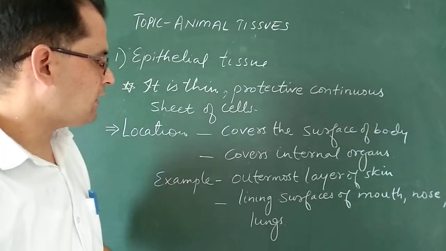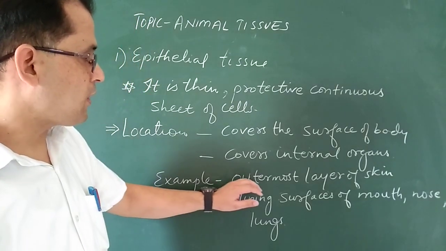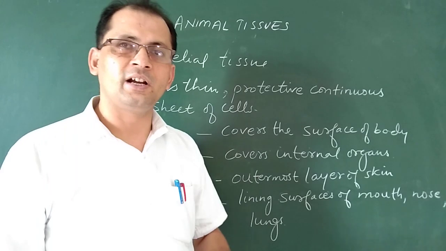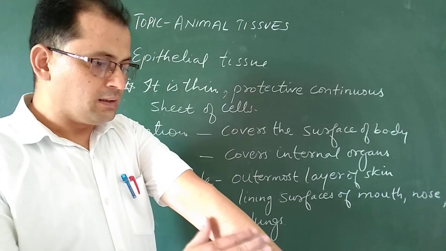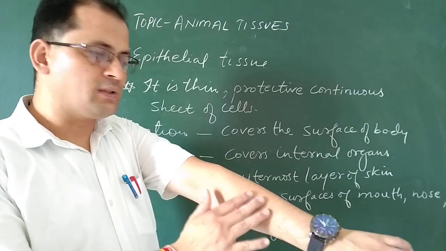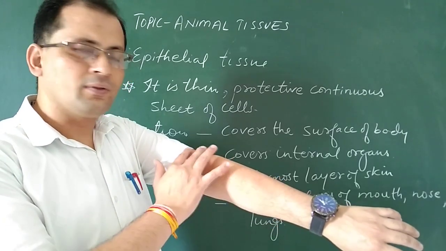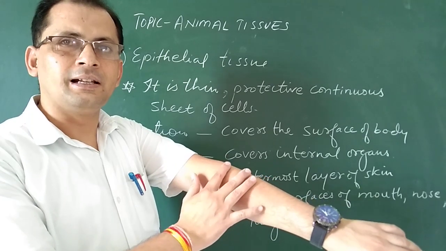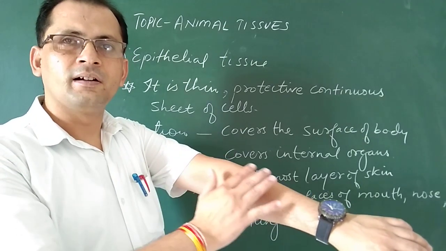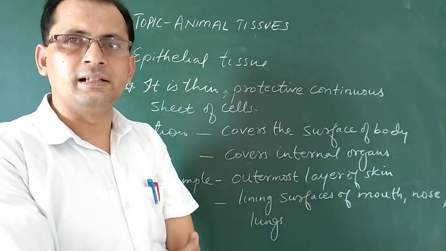Now you can see where it is found. It is found in the outermost layer of skin that I told you. In the skin, you can observe that it is made up of a continuous sheet, a layer of epithelial cells.